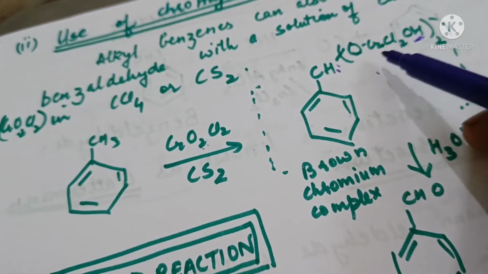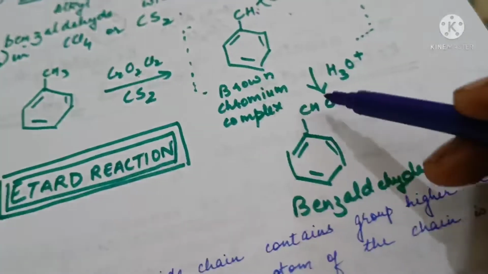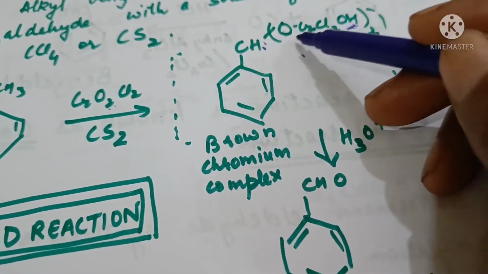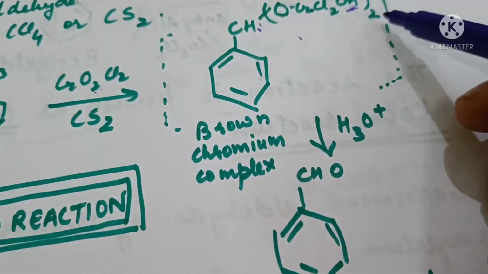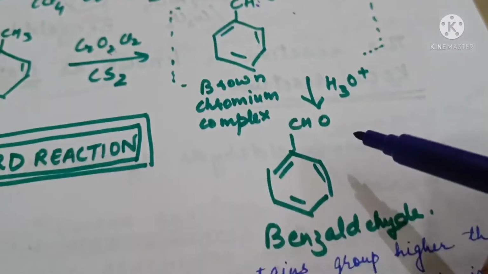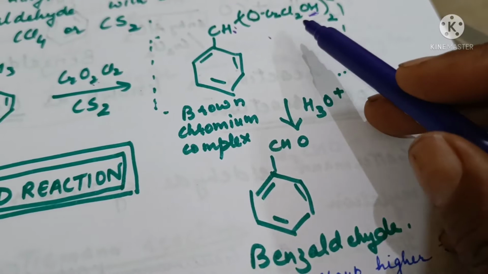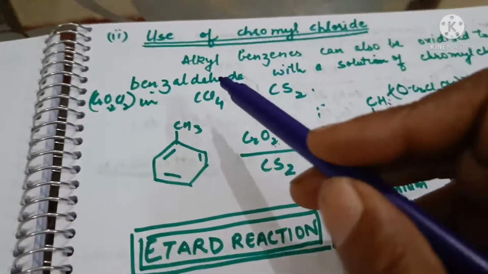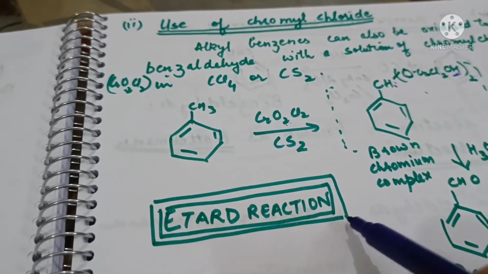This group is added two times. On hydrolysis, again oxygen is added here and two hydrogens are added to the two groups to form chromyl dihydroxychloride and benzaldehyde. This reaction is known as Etard reaction.